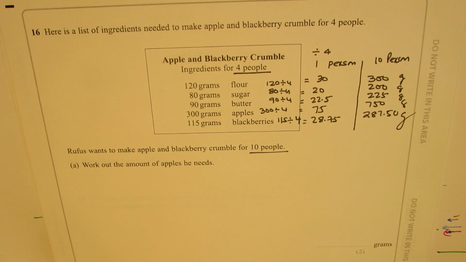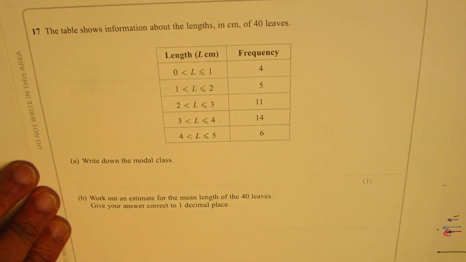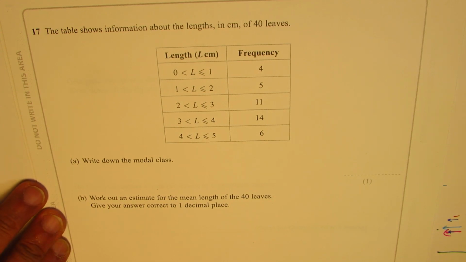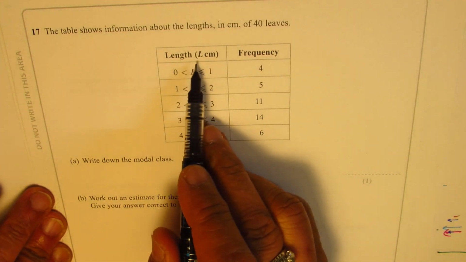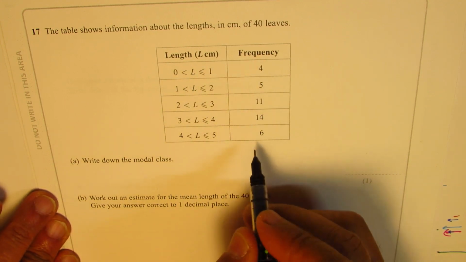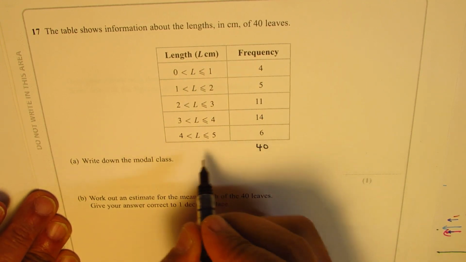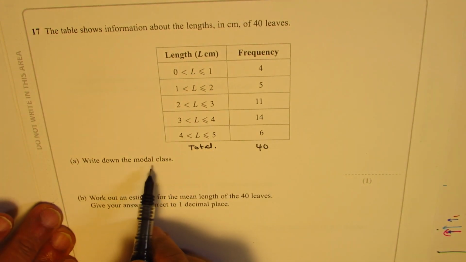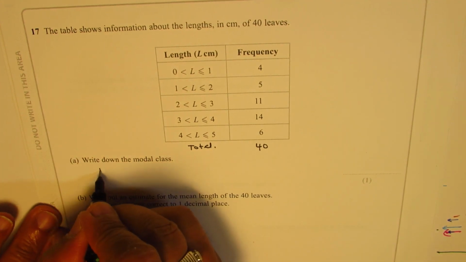So let's move on and take the next question, which is question number 17. The table shows information about the length in centimeters of 40 leaves. So length in centimeters, frequency. Total is 40, right? Write down the modal class. Modal means most frequent.